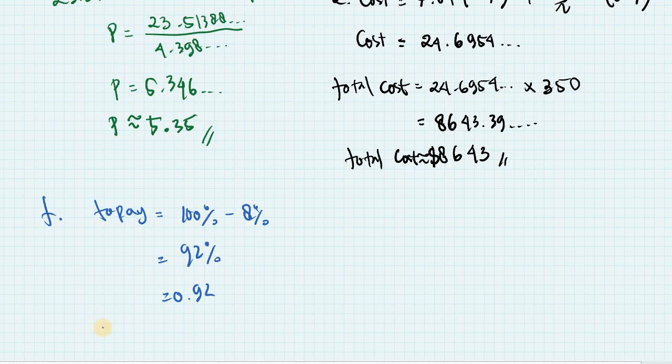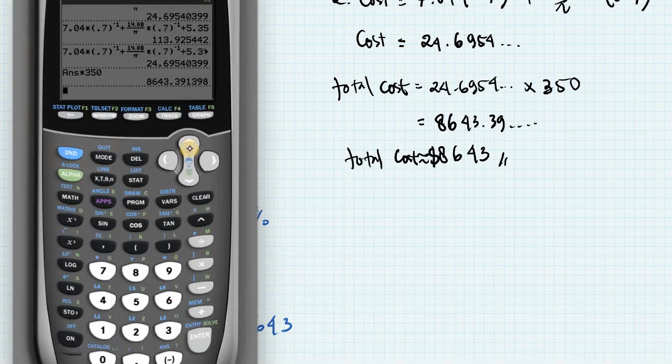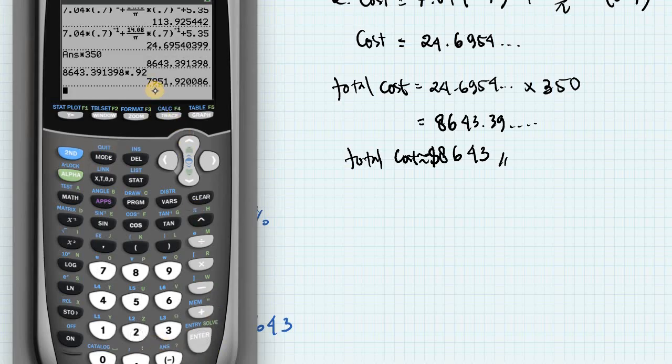So the cost after the discount will be 0.92 times the original cost, which is 8,643. Let's multiply this by 0.92. Enter, we have 7,951.9.